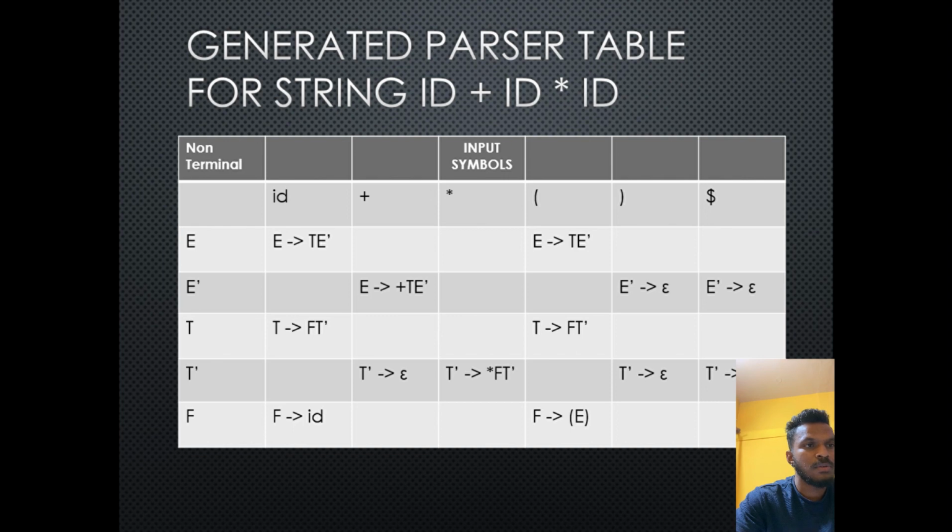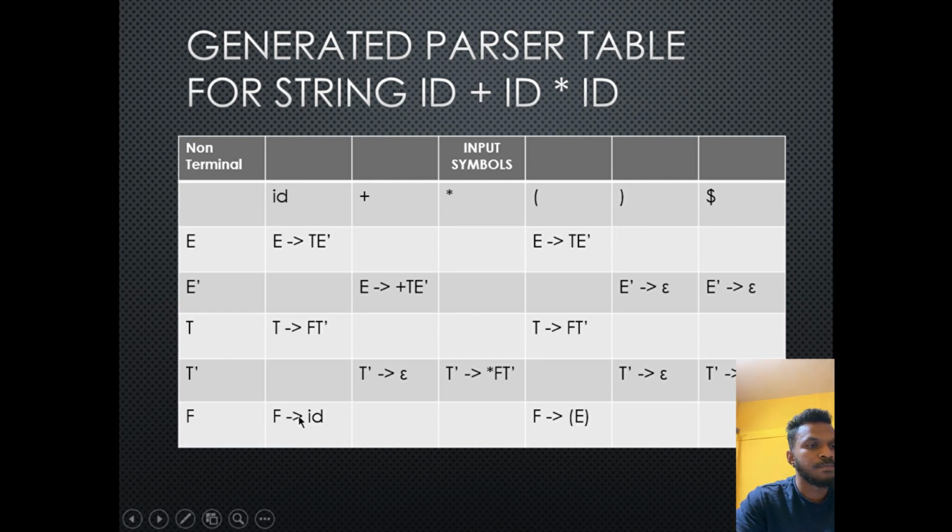Then T: FIRST(T) is id, so T → F T' is written here, and FIRST(T) is also the open parenthesis, so T → F T' is written there too. For T', T' → * F T' goes under the star symbol, and T' → ε goes under plus, the closing parenthesis, and the dollar.